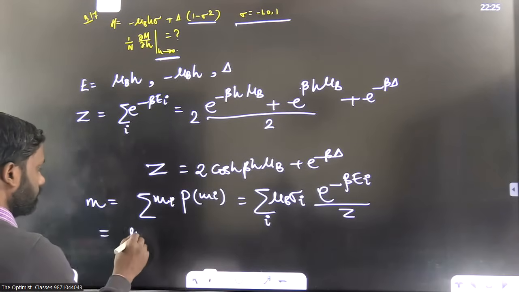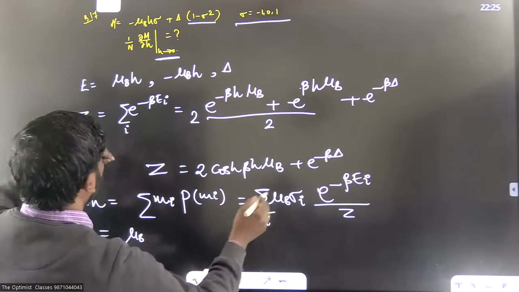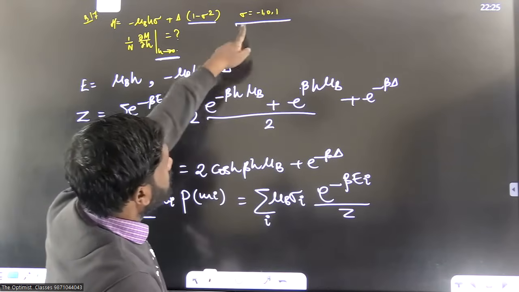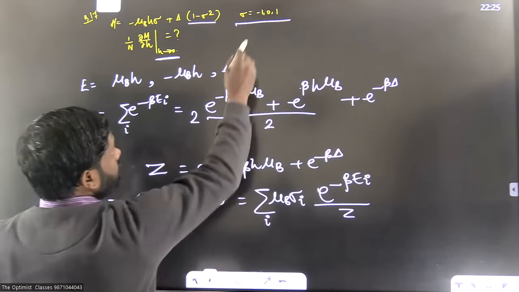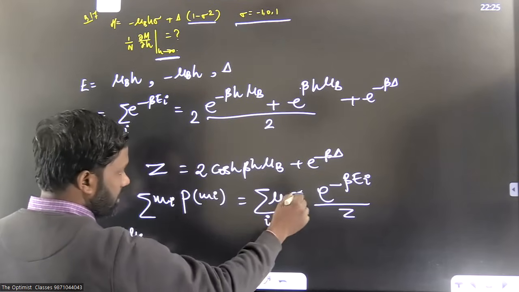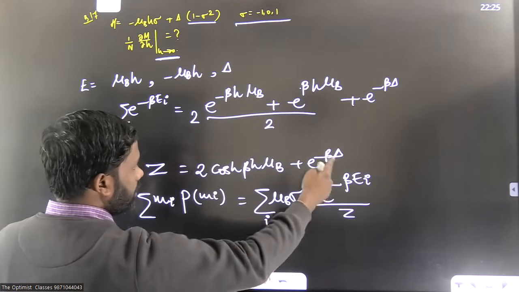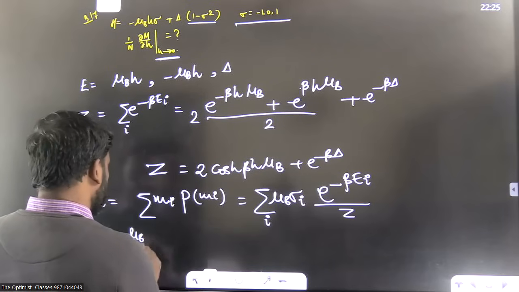So mu b is outside, and sigma i takes the values 1, 0, and -1. When you put 0, you won't get anything, so we just have to put +1 and -1 here. When you put plus, you get a plus sign, and when you put minus, you get a minus sign. So 1 by z will be out.